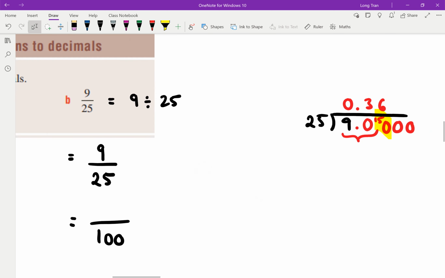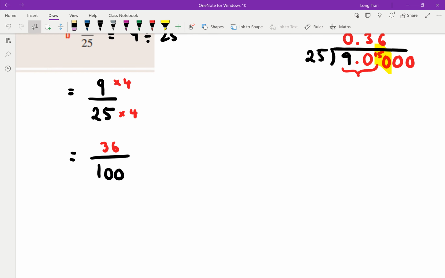So here, I can convert using equivalent fractions by multiplying 25 by 4, because I know 4 groups of 25 will give me 100. But to keep it equivalent, I need to multiply the top by 4 as well. And this gives me 36 hundredths. So 9 over 25 is actually equivalent to 36 over 100.